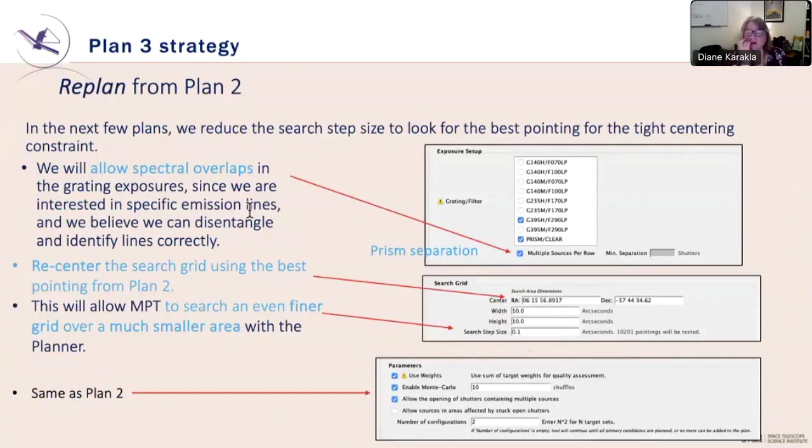I won't actually demonstrate this in APT. It's easy to regenerate these plans. So here I'm allowing prism separation. So I'm going to allow for overlaps in the G395H spectra. In this case, that's a good idea because I have emission blobs in these high redshift sources, excuse me.